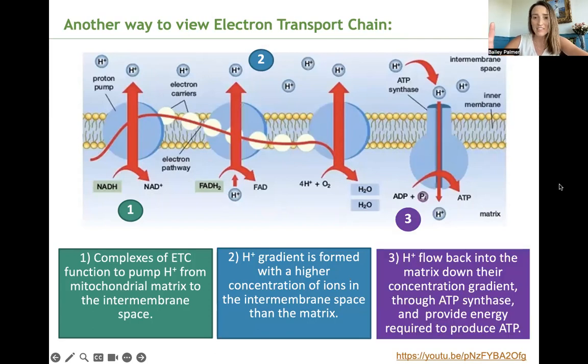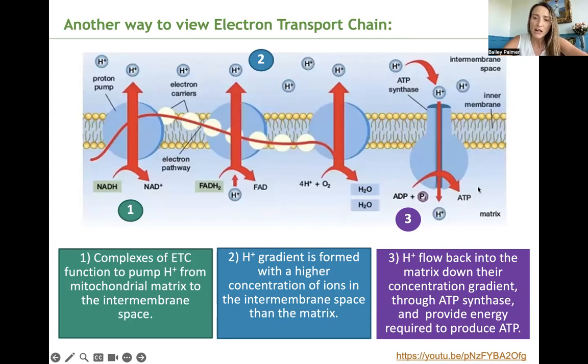So back to the hydrogens, these hydrogens will then be pumped back down across this intermembrane into something called an ATP synthase complex. And we know this word ending -ase means it's an enzyme. So this here, ATP synthase, is an enzyme. We're turning ADP plus inorganic phosphate into ATP.